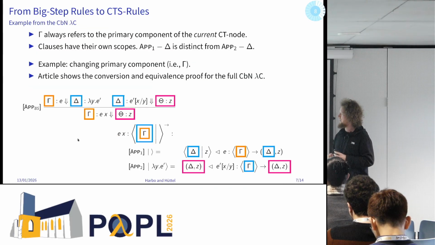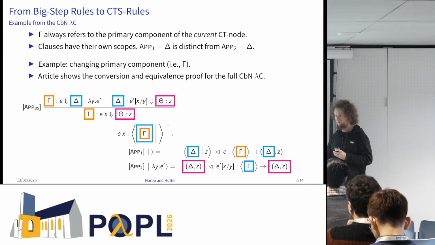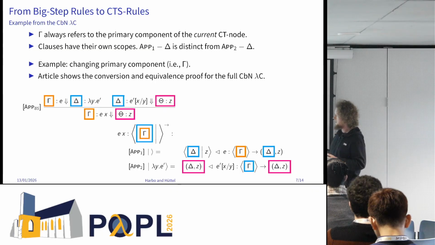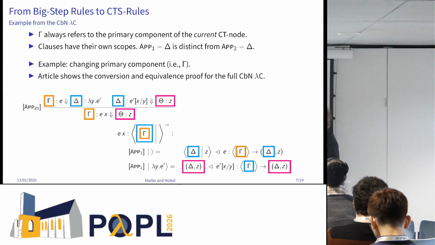Now, going up to a slightly more complex example, we also cover an example where we transform Launchbury's big step semantics for the call-by-need lambda calculus into an equivalent computation tree semantics. And here we see an example conversion for the application rule. We follow a similar pattern to before.